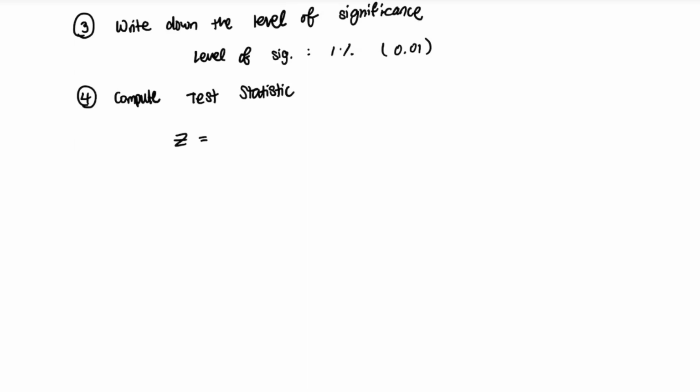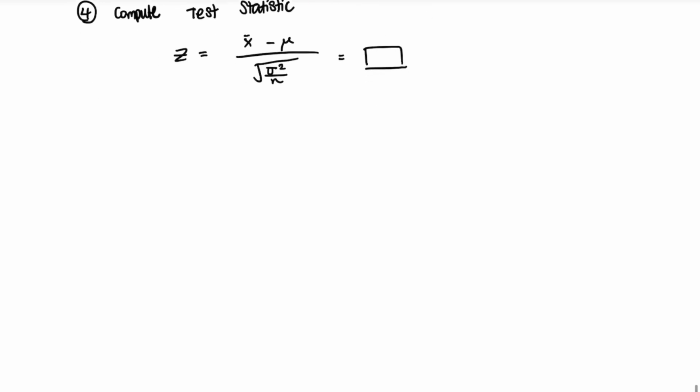So this would be whatever your x bar minus your mu, we've already gone through the formula, over sigma squared over n. This will give you a certain value, and you can use this value later on to determine if your z value is more than or less than your critical value. This will be back to your diagram part, and then you know whether to reject or not reject your null hypothesis.